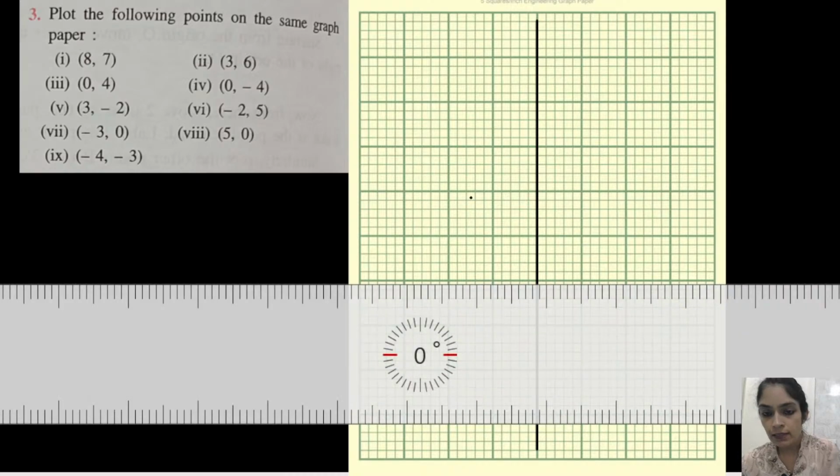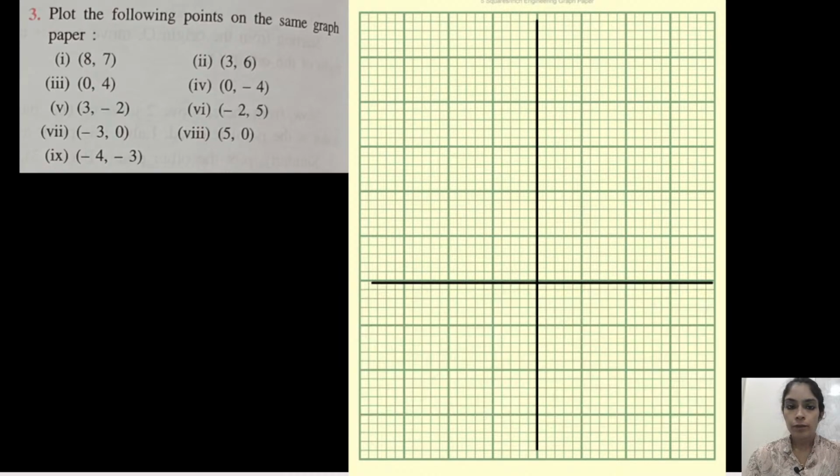Vertical is y-axis, horizontal is x-axis. See my graph, because I am doing it like this, maybe it has a little less space compared to your graphs. So I have drawn the x-axis and y-axis. This is x-axis, horizontal is x-axis and vertical is y-axis. So the axes I have plotted.